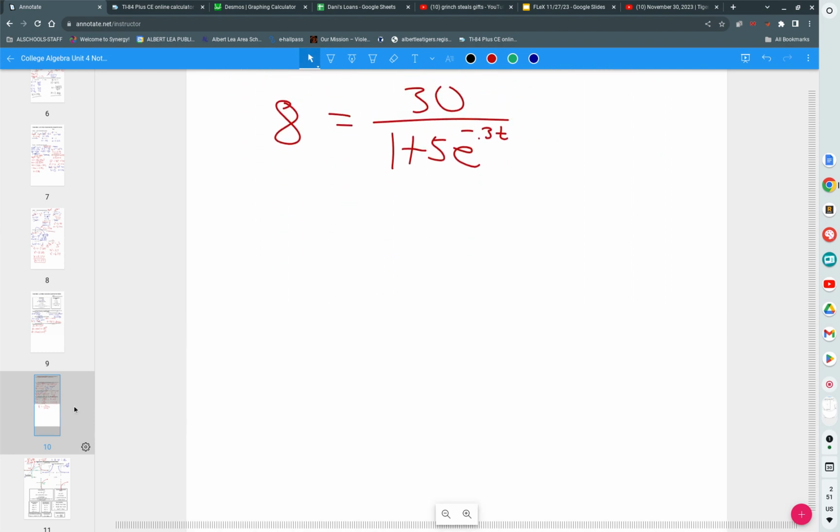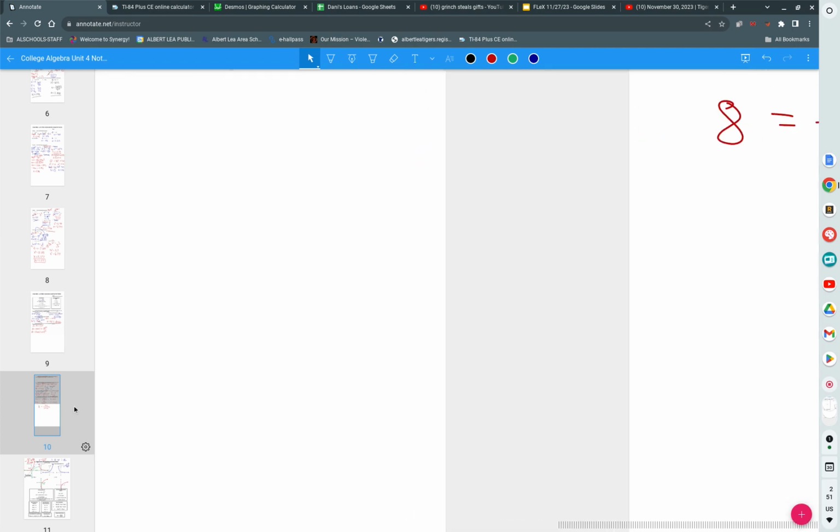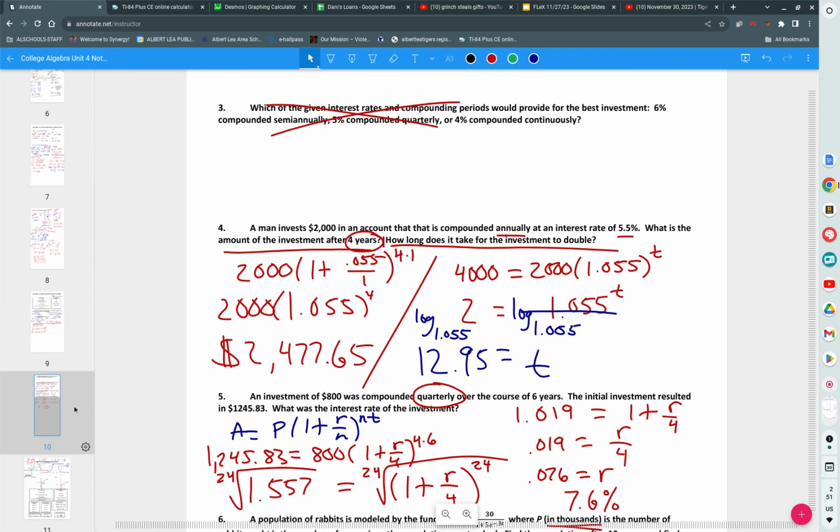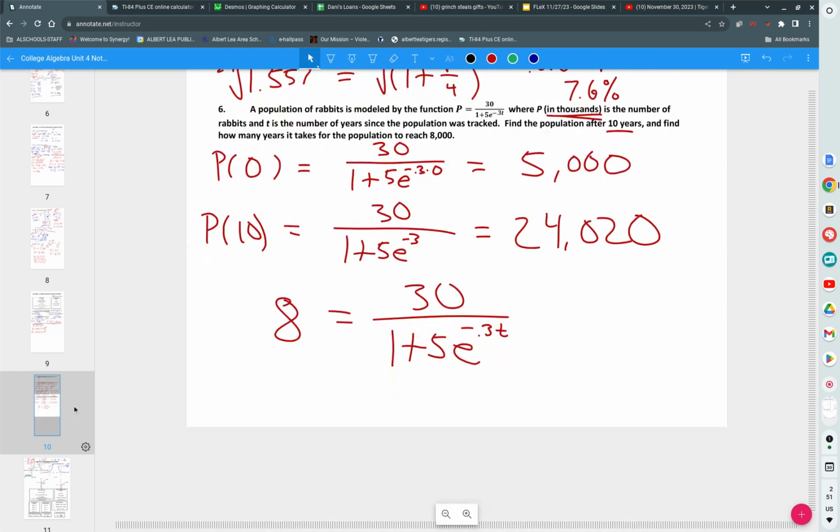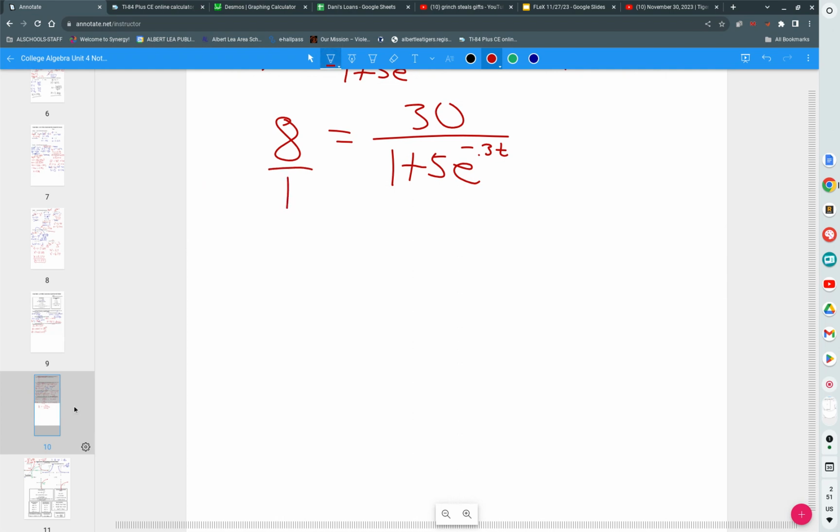I've tried to prepare you for this moment by putting a couple of these problems on your assignment. Does anybody know what I do to solve this? Connor, say it with confidence. Cross multiply. I think Hannah maybe beat you to it.